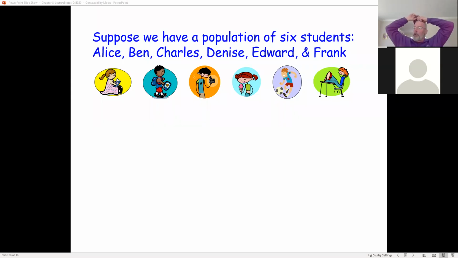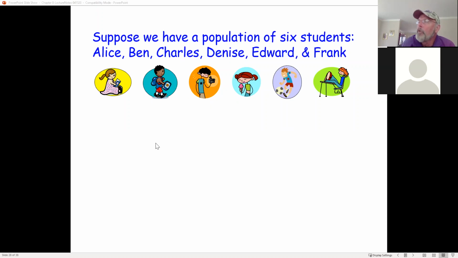Okay, I think you probably remember this slide. It's relatively silly, and it has a population that goes along with 6 people. It's hard to imagine a population of 6 people, but let's put it together anyway.